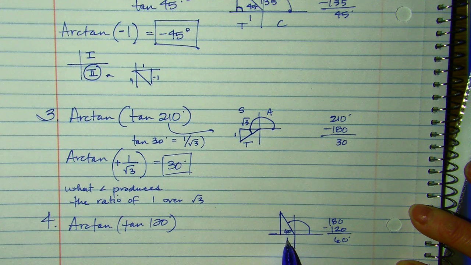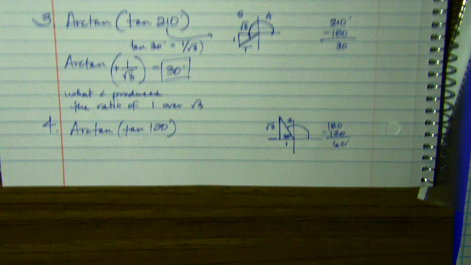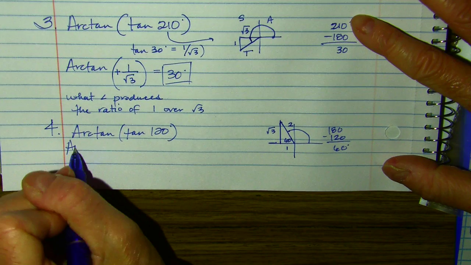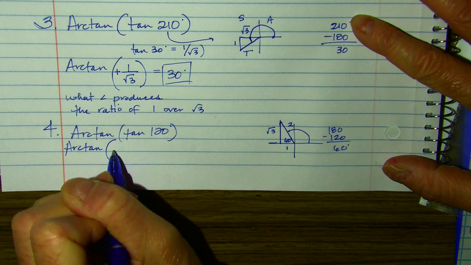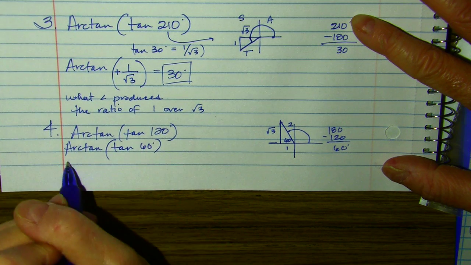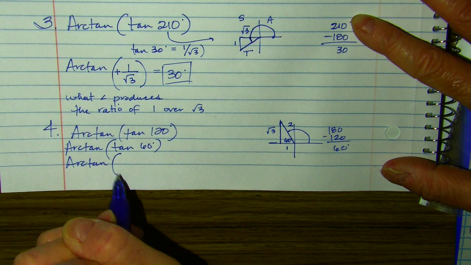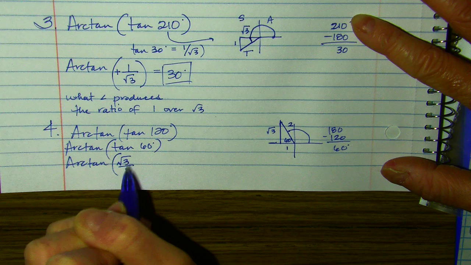So I've got 1, root 3, 2, because that is my 30, 60, 90. So this is really the arc tangent of the tangent of 60 degrees.